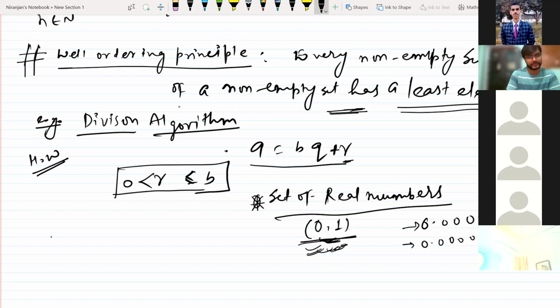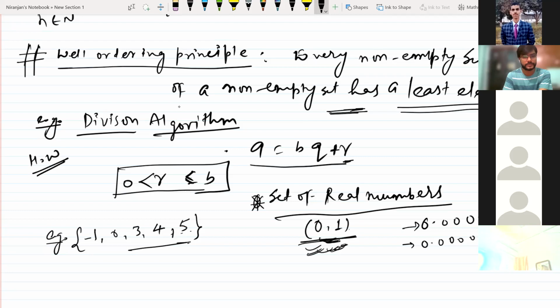Let me give you one more example. Let's say I have 2, -1, 0, 3, 4, and something. Does this set have a least element? Guys, does this set have a least element? Anyone?